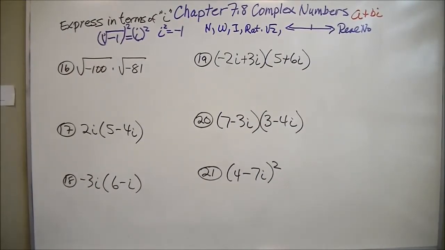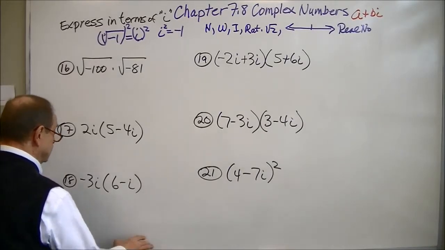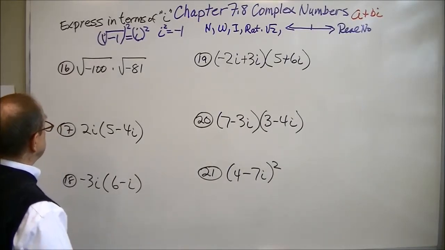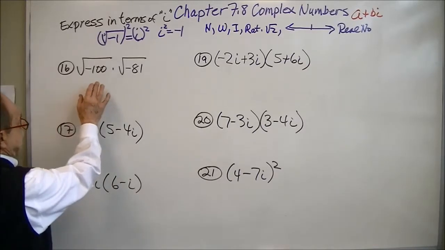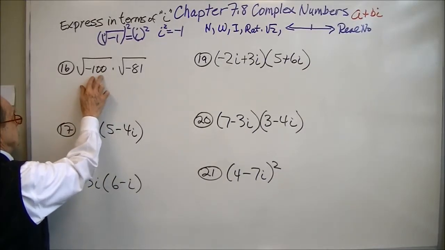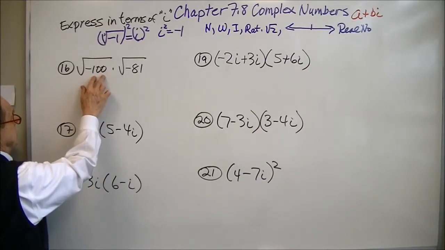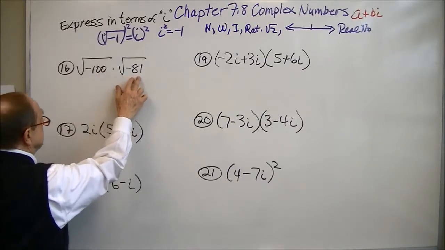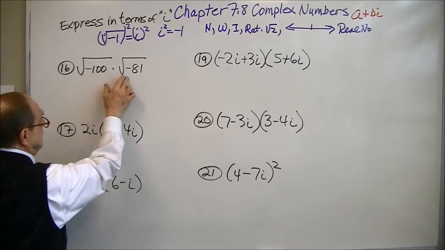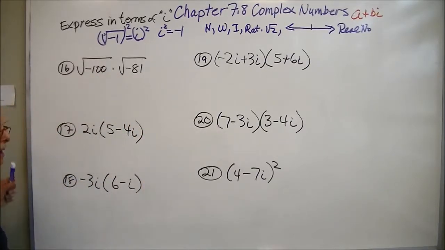Okay, going on to some more examples. Now, an interesting thing happens. If you multiply, take the square root of this and get 10, square root of this and you get 9, and they're both negative, you think you would end up with a positive. But when you're dealing with complex numbers, you can't do it this way.